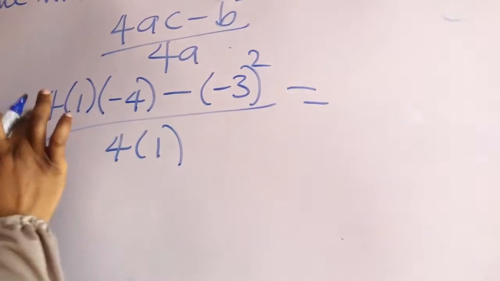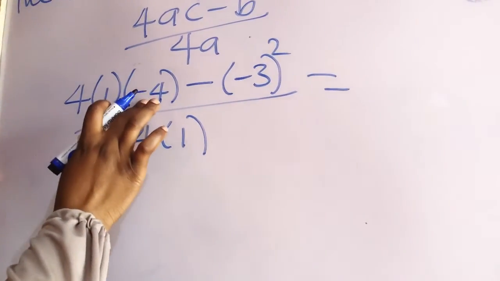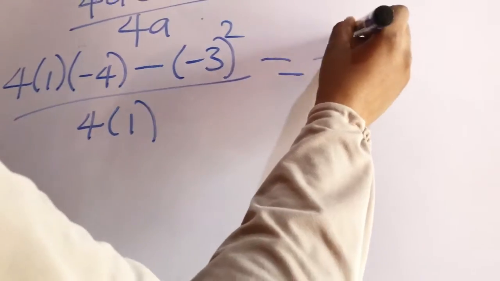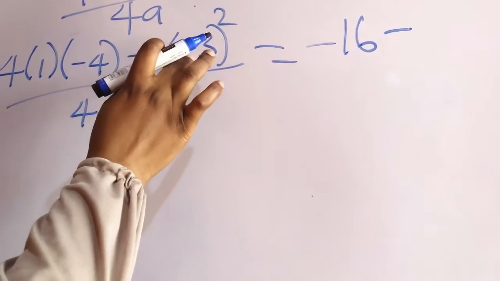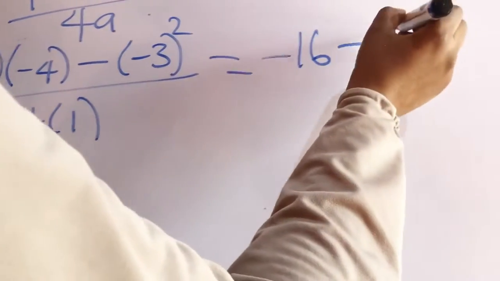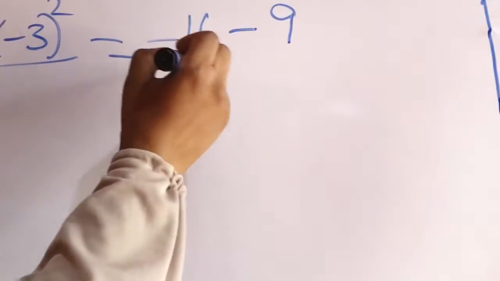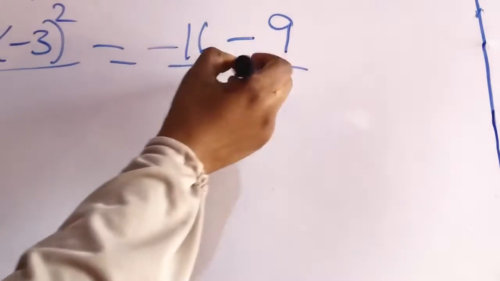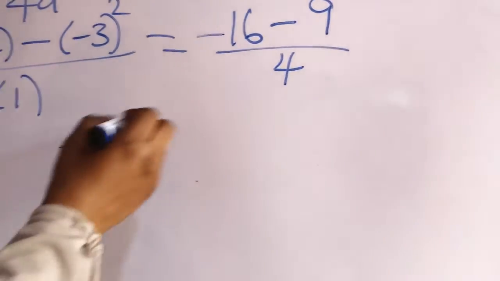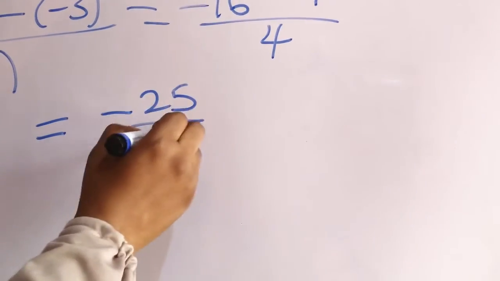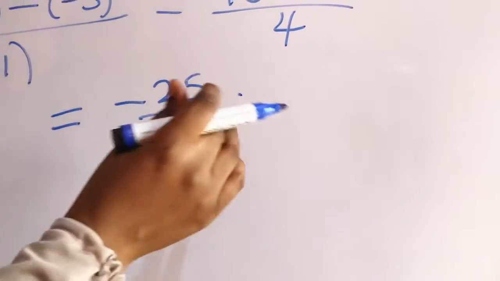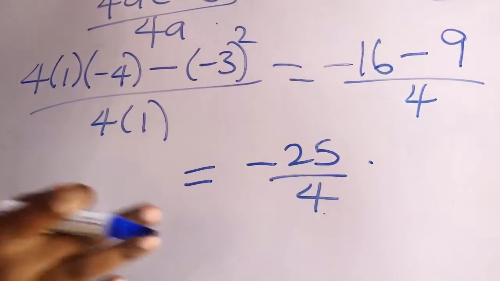So everything is equal to 4 multiplied by 1, 4 multiplied by minus 4 is minus 16, so minus, 3 squared is 9, plus 9. So then minus 16 minus 9 over 4 multiplied by 1, 4. So this is equal to minus 25 over 4. So the minimum value of this function is minus 25 over 4.